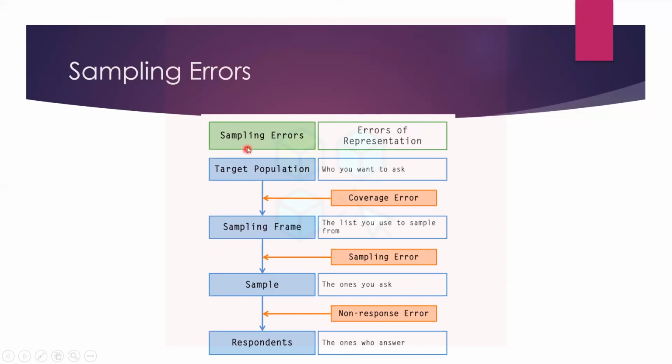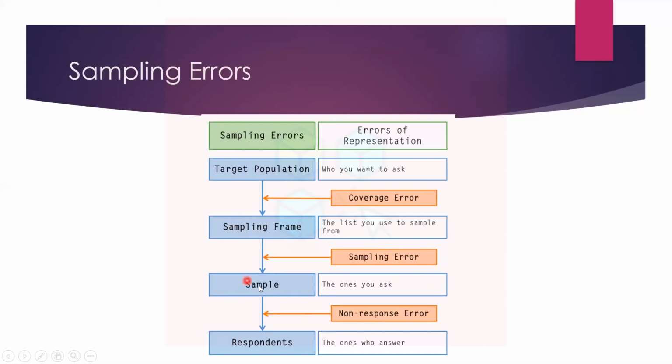First of all, we take the target population from the population, and from the target population we construct a sampling frame. Sampling frame is basically a list of all sampling units. So there may be a chance of error, and that error is called coverage error. Once the sampling frame is formed, the next process is sampling.